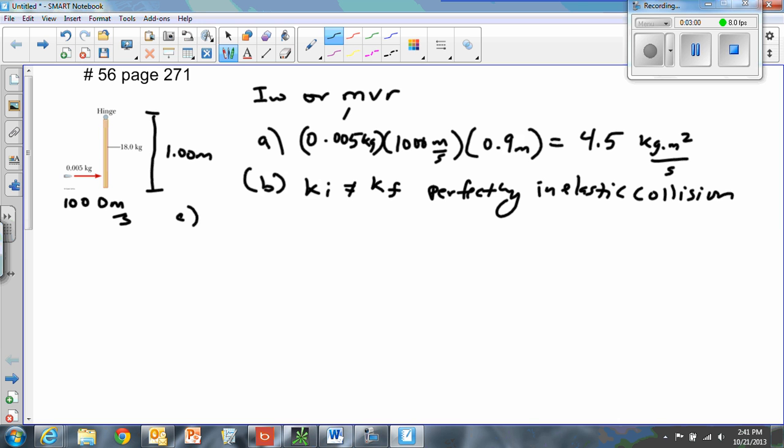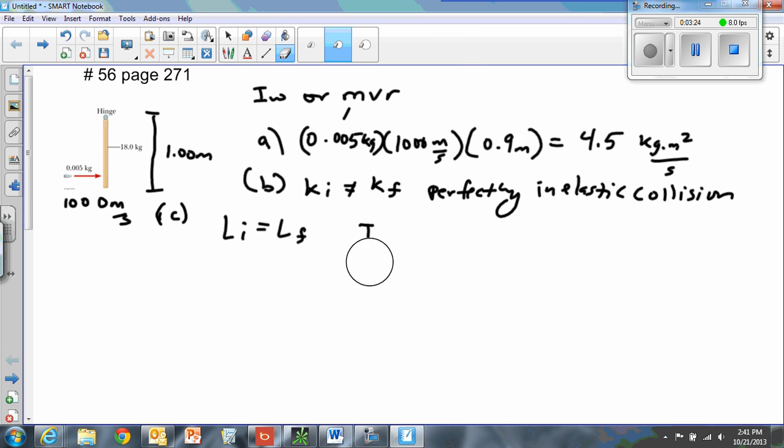C, they ask the question, at what angular speed does the door swing open immediately? Well, that's just L initial equals L final, because angular momentum is conserved, and they do tell us a few things. The door has a moment of inertia of 1/3 mL squared.